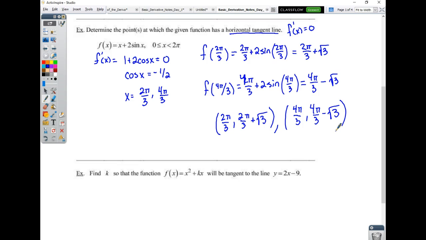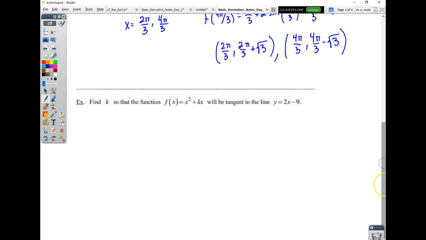Just to give you a heads up, now that we're getting into this trig stuff, don't be surprised if I start giving you little pop quizzes just on sine of this, cosine of this, tangent of this, secant of this, cotangent of this. I'm going to keep popping you with those. Fantastic.